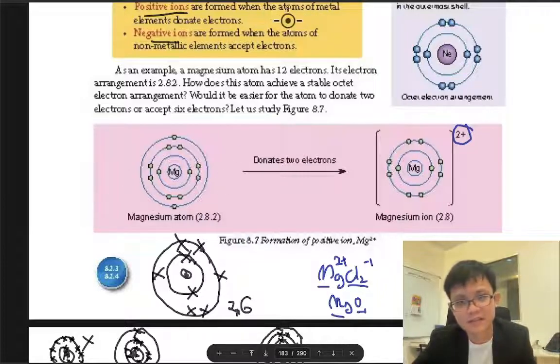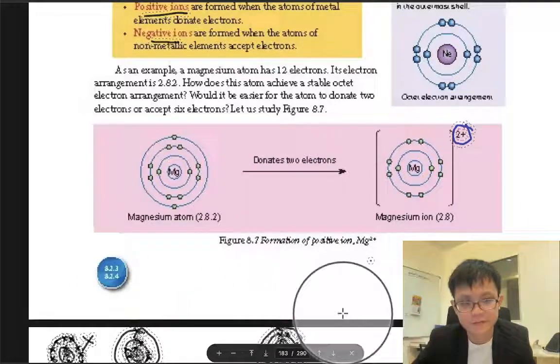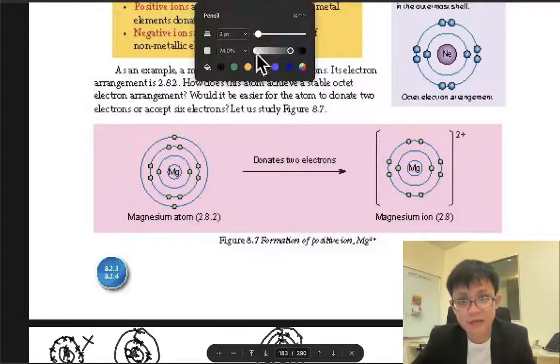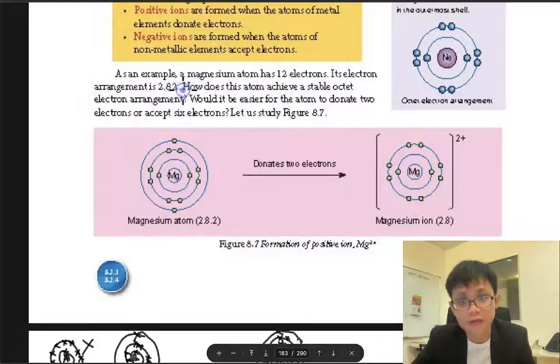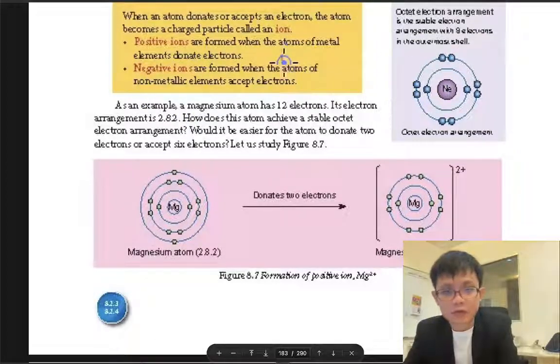Some of the pictures are not clear, so I hope that you can understand. Let's try. Why does something become positive or negative? The thing can become positive if proton is more than electron. If negative, it means electron is more than proton.